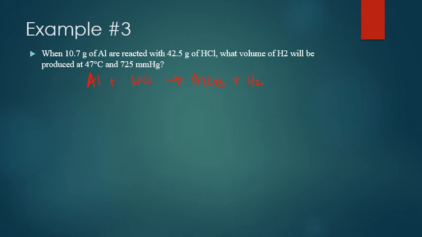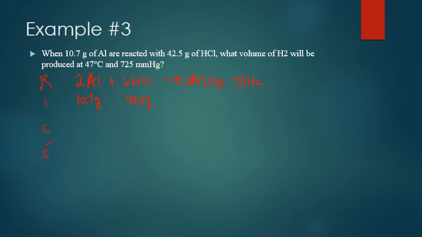So I'm going to balance that by placing a 2 and a 6, a 2, and a 3. So you'll notice we're starting with 10.7 grams of aluminum and 42.5 grams of HCl. So I'm going to give us a little practice using our RICE tables.